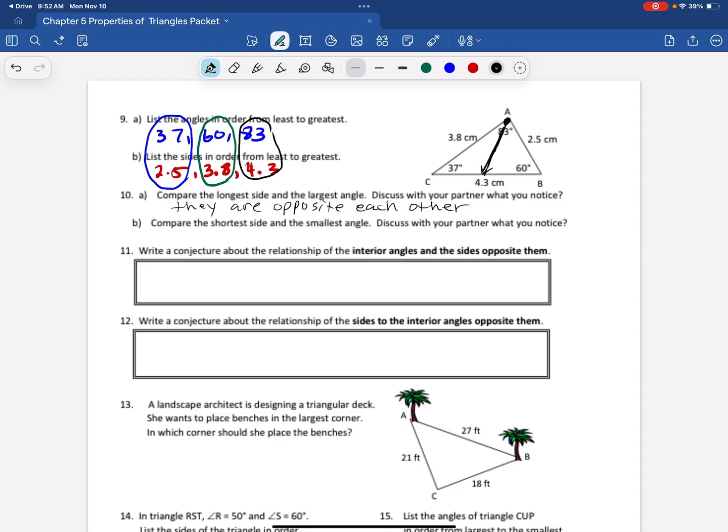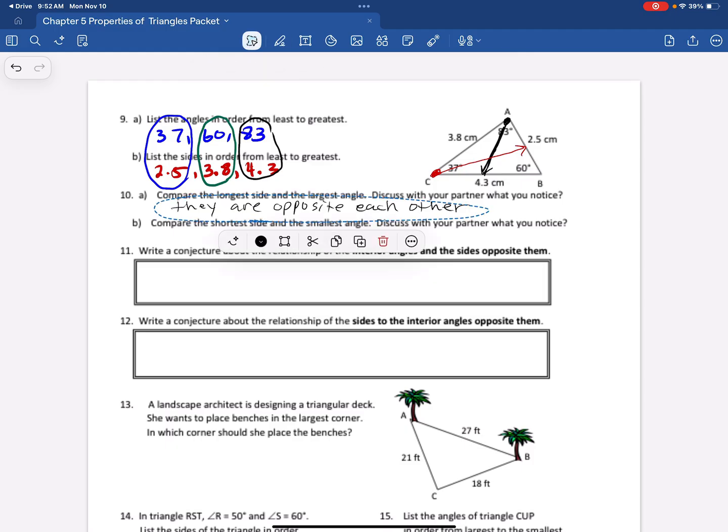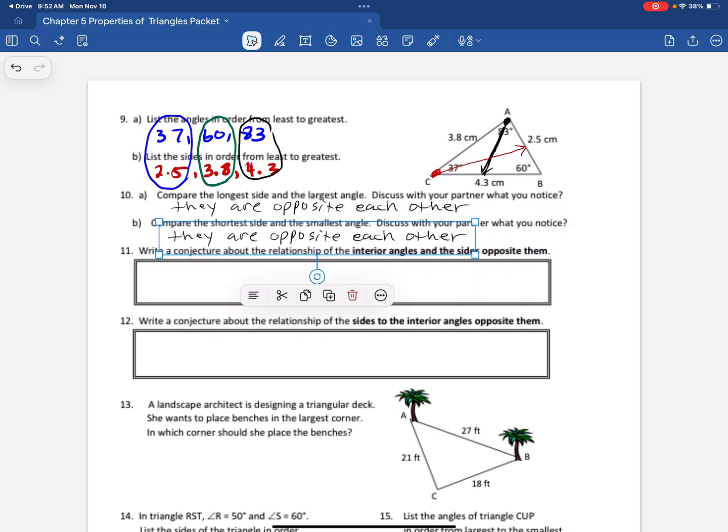Do the same thing with the shortest. Put your pencil at the corner of the shortest angle, draw a diagonal line through the middle of the triangle, and what do you know? I end up on the shortest side. Again, I can use my software here and just copy and paste. They are opposite each other.